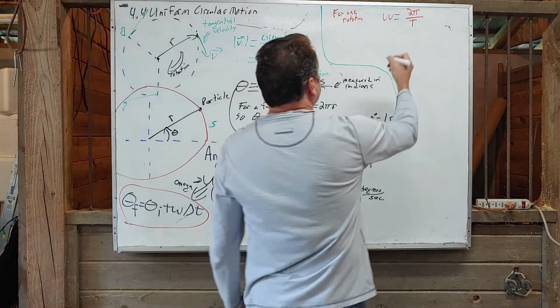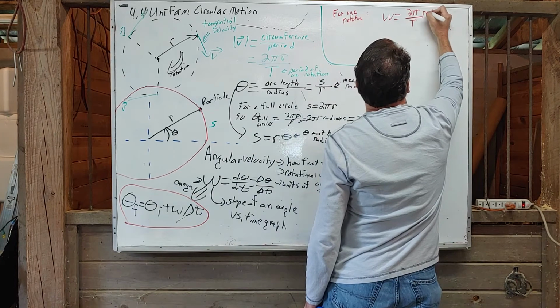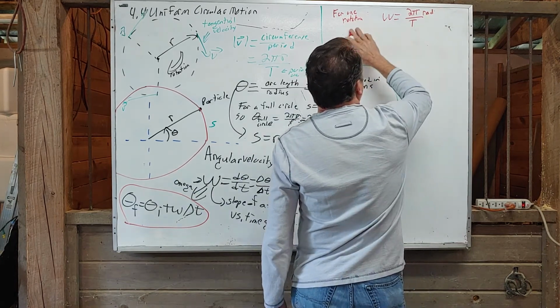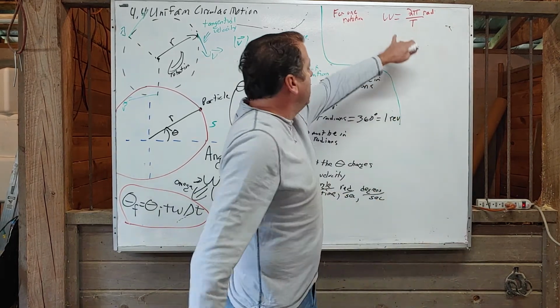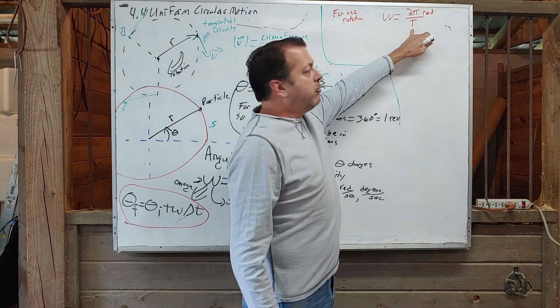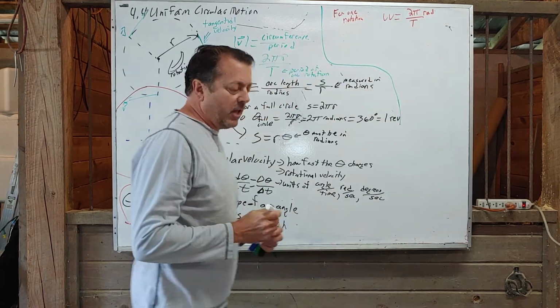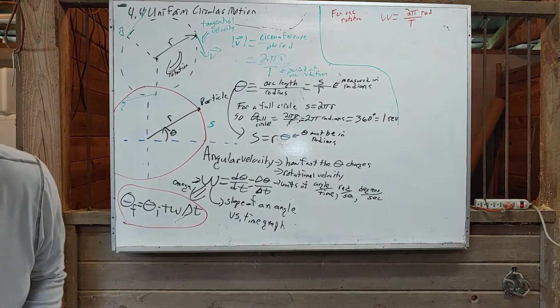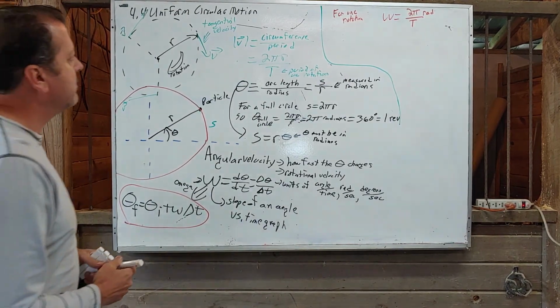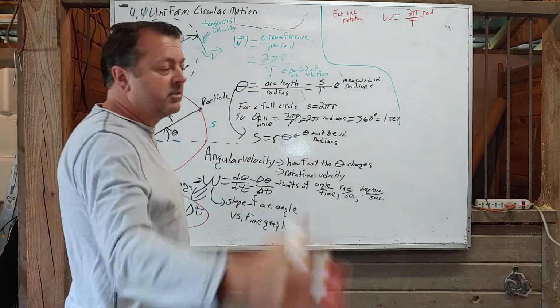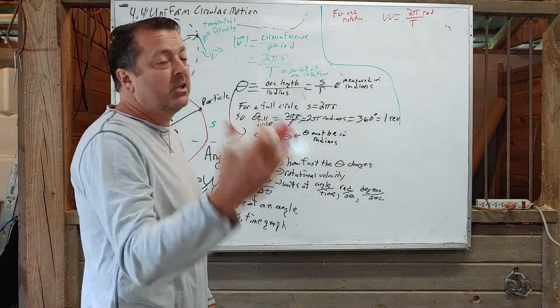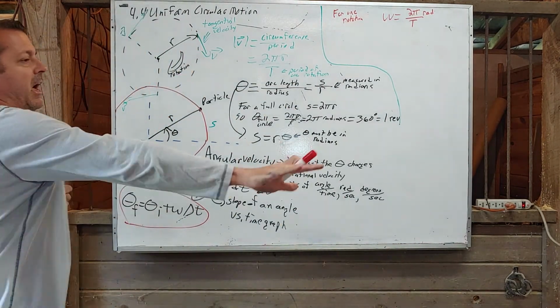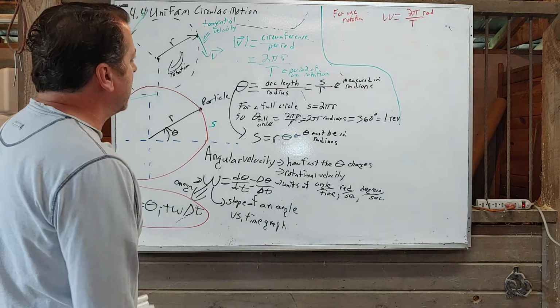So that's another way: if you know the period that something's rotating, you can find its angular velocity. That's a little different, but that's okay. That's just because it rotates back on itself. Straight line doesn't come back upon itself, so you can't do this there.